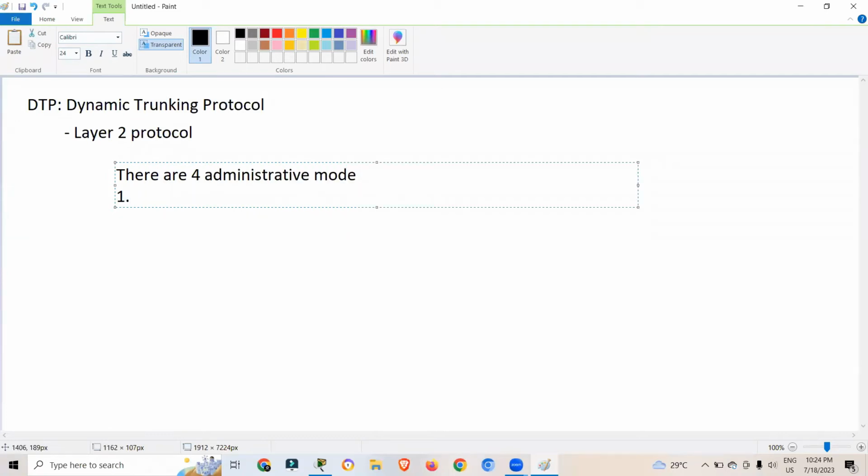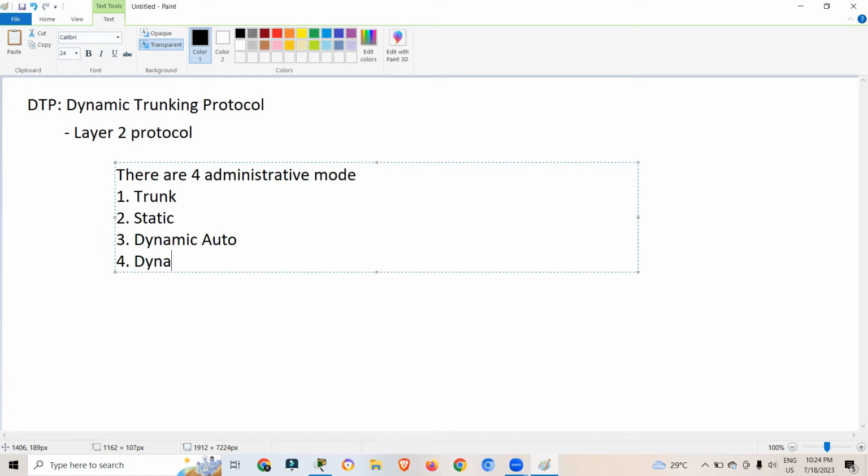First is trunk, second is static, third one is dynamic auto, fourth one is dynamic desirable.